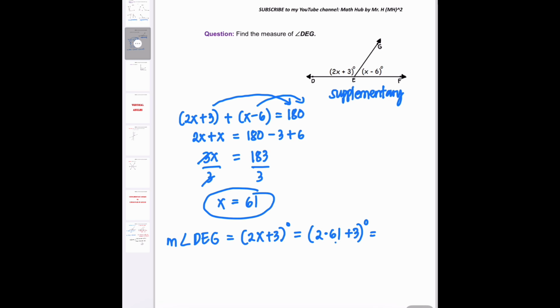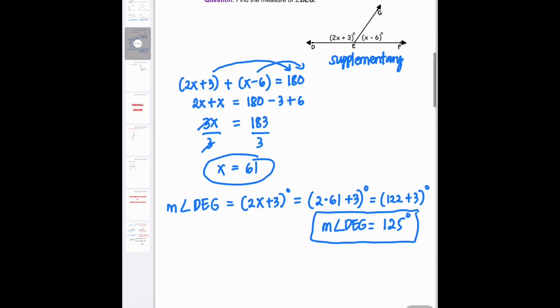So 2 times 61 is 122. Then we add 3. So the measure of angle DEG is 125 degrees. All right, let's proceed to the second example.